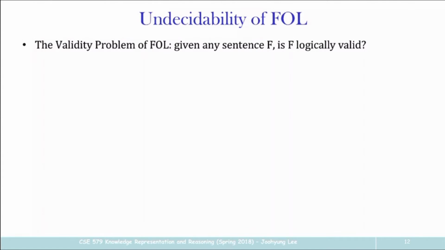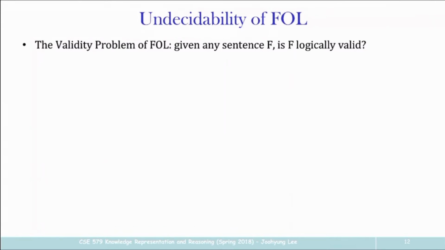Let me just finish this up here, and then I'll take the question. The validity problem is a well-known undecidable problem. What is this problem? You're given a first-order sentence, and the question is, can you design a general-purpose algorithm such that, given any such sentence F, if F is a tautology, or logically valid, the algorithm says yes, and if not, the algorithm says no? Note that this is not only about the validity problem.